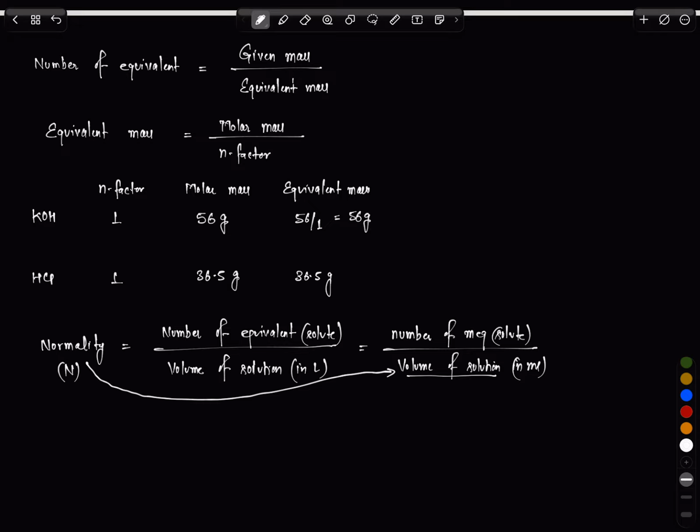And if you multiply that number of milli-equivalent by equivalent mass, you will get the mass of that particular solute in milligram, because you are using milli-equivalent. So that's about normality and number of milli-equivalent, and how to calculate the mass of a particular solute from it.